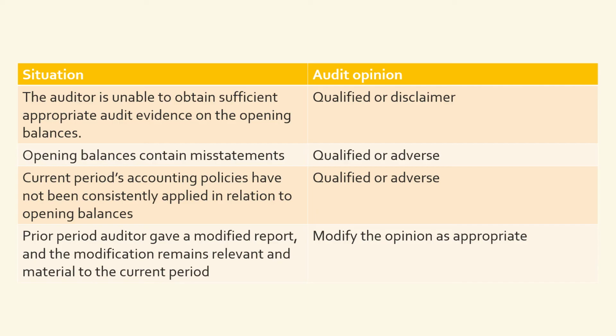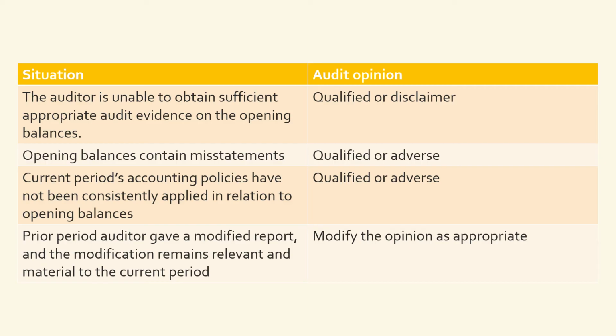To obtain sufficient and appropriate evidence with regards to the opening balances, because the opening balances will affect the ending balances. Like what we mentioned a while back, whatever is the status of the opening balance eventually affects the current period. So if the auditor was not able to obtain sufficient appropriate audit evidence on the opening balance, then the current period will have either a qualified or disclaimer of opinion.